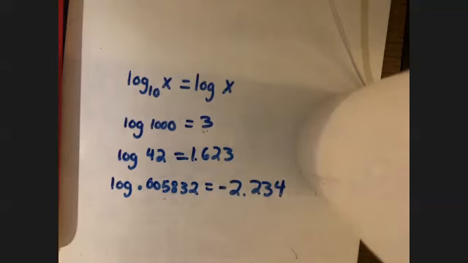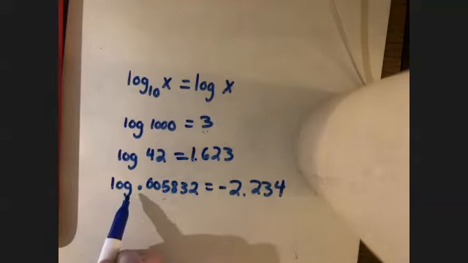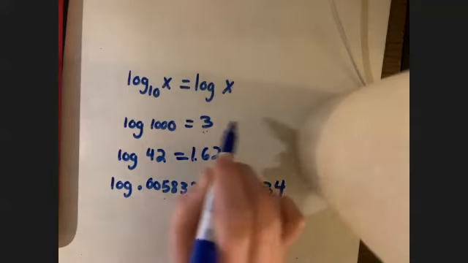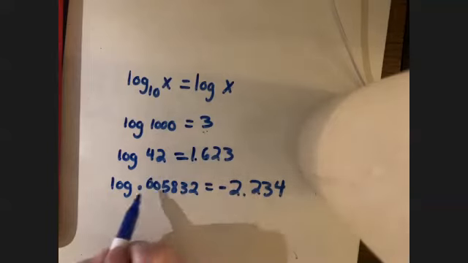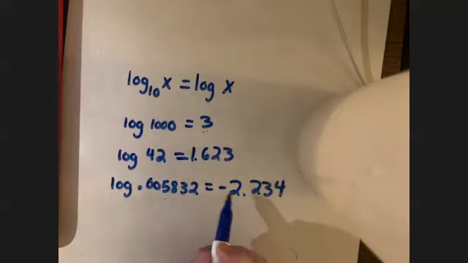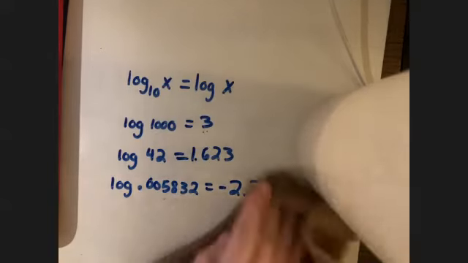Now, on stuff like this, if your log base is bigger than 1, think about the graphs that went up like this. If you do decimal numbers, you're going to get negative answers because that's going to push it down below the x-axis.